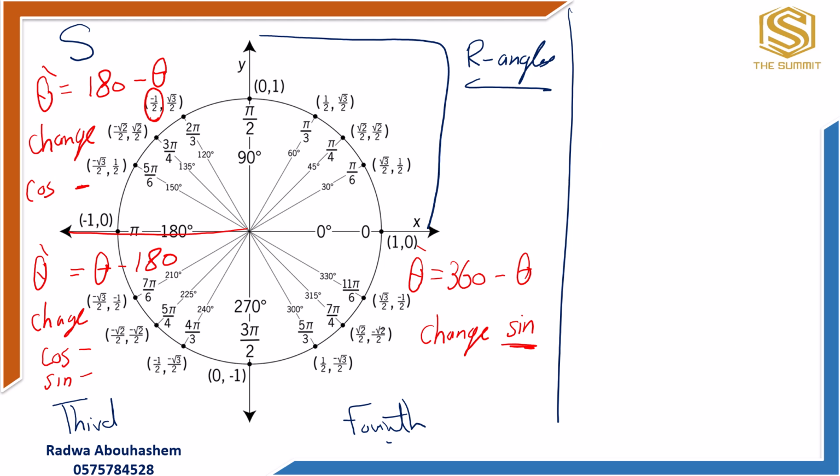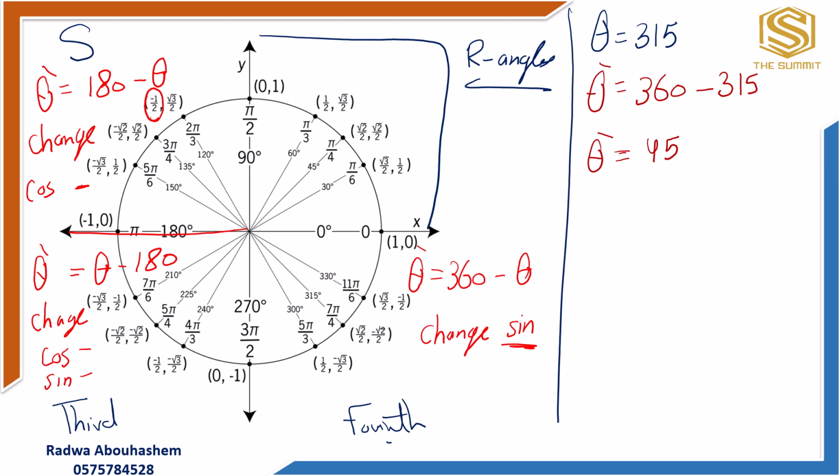Okay, here's another example. Theta equals 315. Now this one is in the fourth quadrant. So I'm going to say 360 minus 315. So the reference angle here is 45. So the same sine and cosine, but I have to change what? I have to change the sign of the sine trigonometric function.